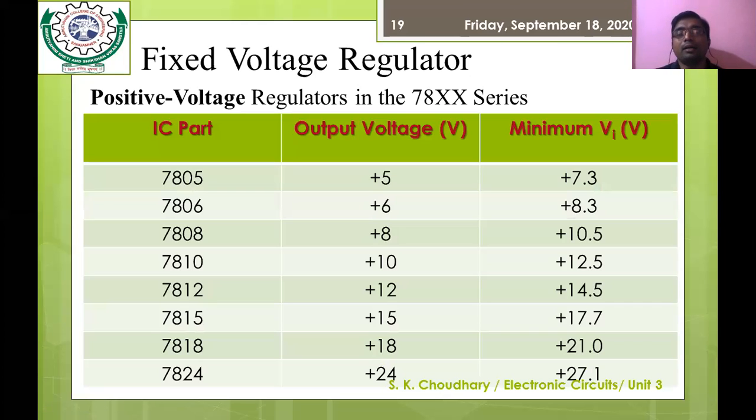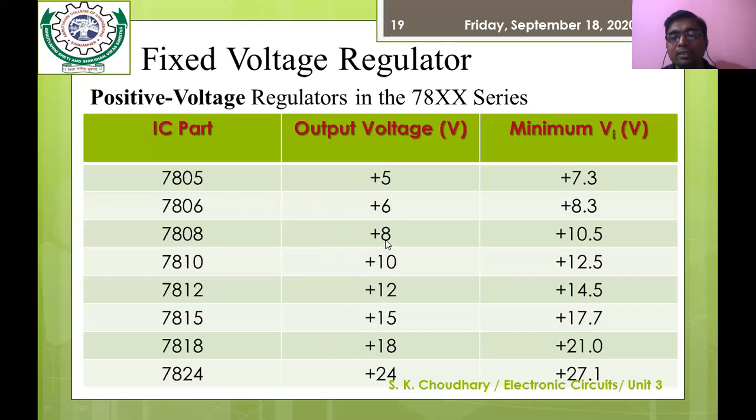And this is the table that gives you an idea about the fixed voltage regulator. The positive voltage regulators in the 78 series start from plus 5 volts and go up to plus 24 volts, like 7805, 7806, where the last two digits indicate the amount of output voltage produced, then 7810, 7812, up to 7824.